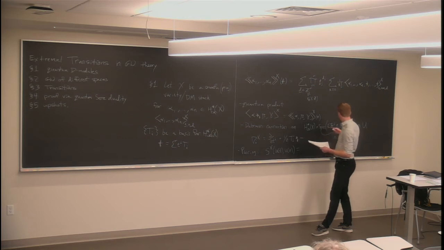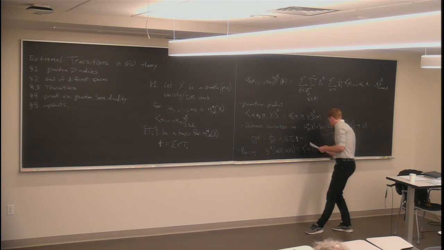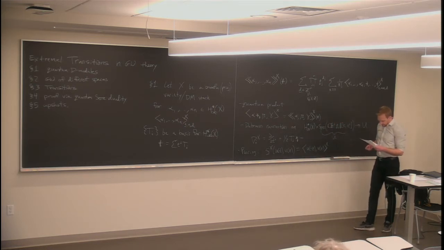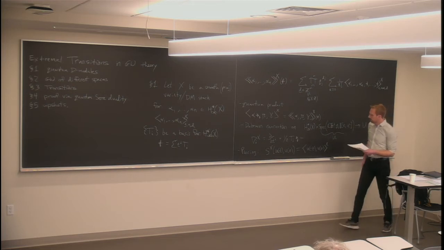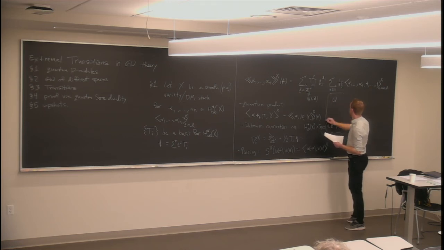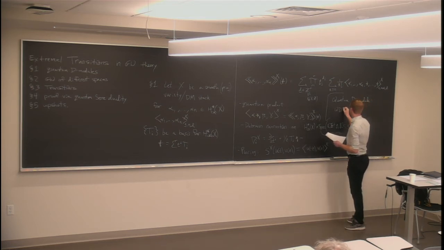So given two sections of this vector bundle, put a minus z in the first limit. And this data together is what I'm going to call the quantum D-module. It's this trivial vector bundle with the flat connection and the pairing. So I'll just denote it QDM(X) and this data.